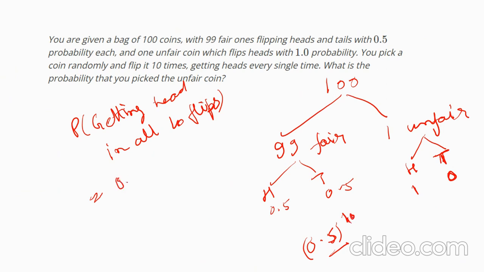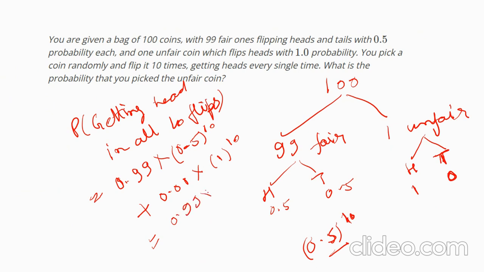Now selecting this fair coin, firstly we have selected a coin from the fair coins. It is 0.99 and the probability of getting head is 0.5 to the power 10. Now selecting the unfair coin will be 0.01 and getting the head is 1 to the power n. So it will be 0.99 times 0.5 to the power 10 plus 0.01.